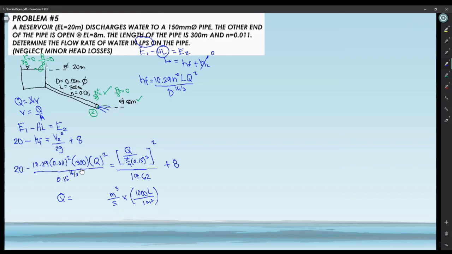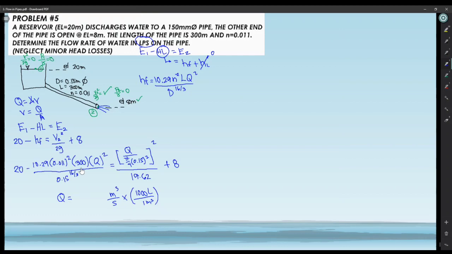So, pindutin natin. Ito, shift solve nyo lang, di ba? So, 20 minus 10.29 times 0.011 squared times 300 times, ilalagay ko siya as x squared. Yung Q, inilagay kong x para ma-shift solve natin. Divided by 0.15 raised to 16 divided by 3.